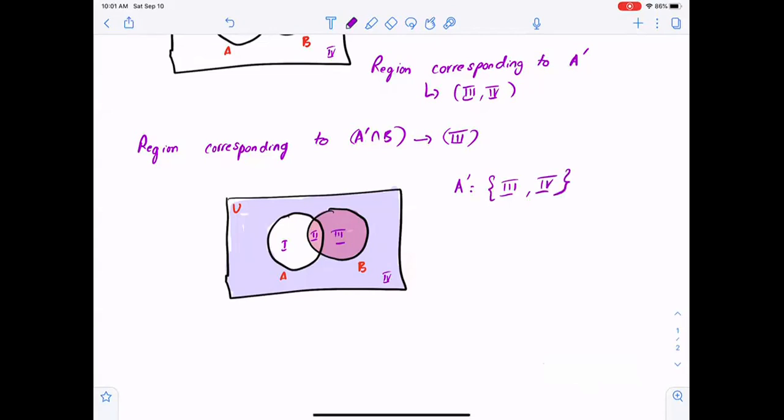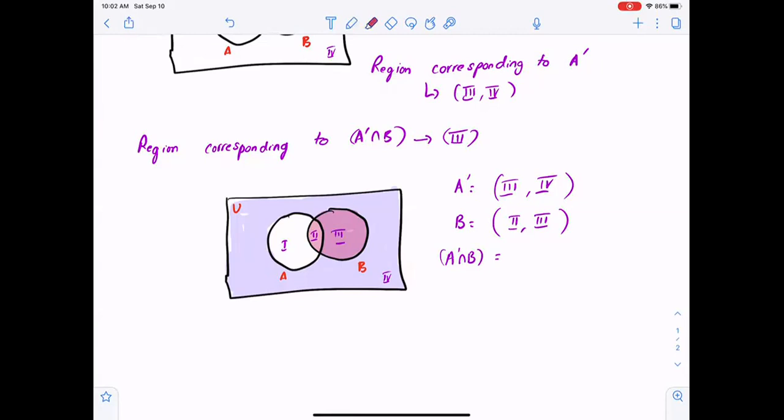We know B is region 2, region 3. We simply want to find the intersecting regions. I don't want to put it as a set, we'll just put parentheses. In a very intuitive way, sure, they are sets, but I want to find whatever is common between the two.